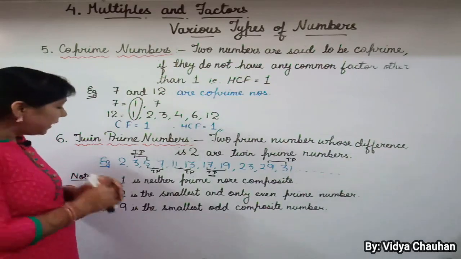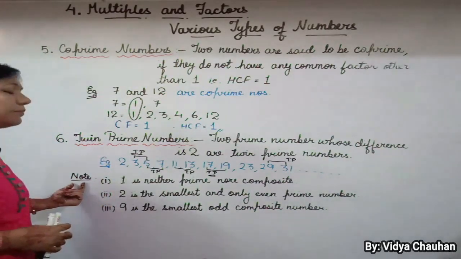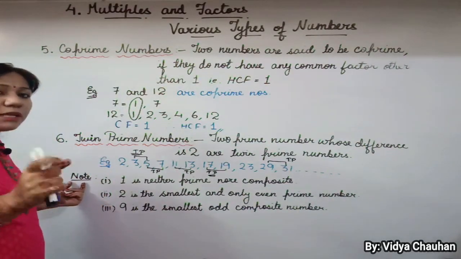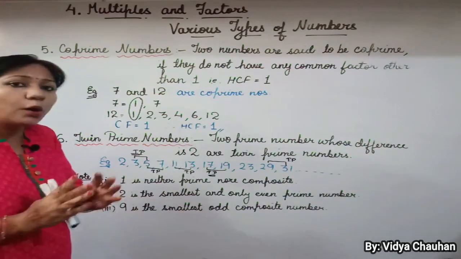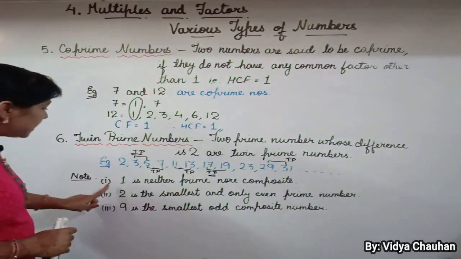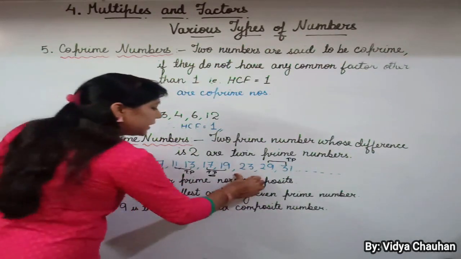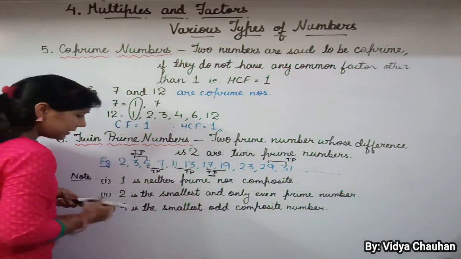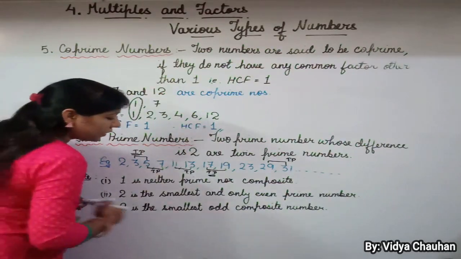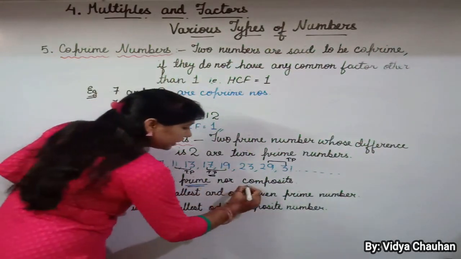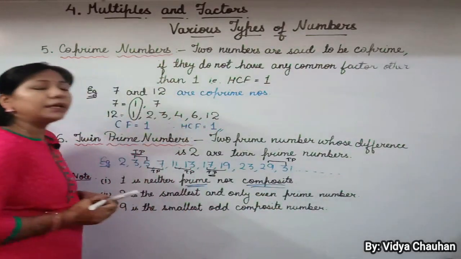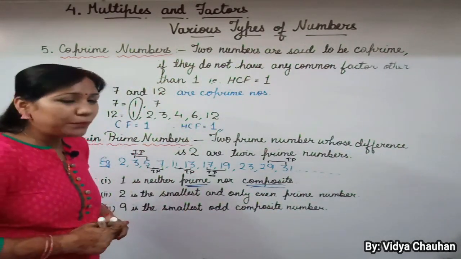But before ending, I would like you to understand some important key terms or exceptions which you should always remember. The first point is, 1 is neither prime nor a composite number. As I have already told you, 1 is neither in the category of prime numbers nor in the category of composite numbers.